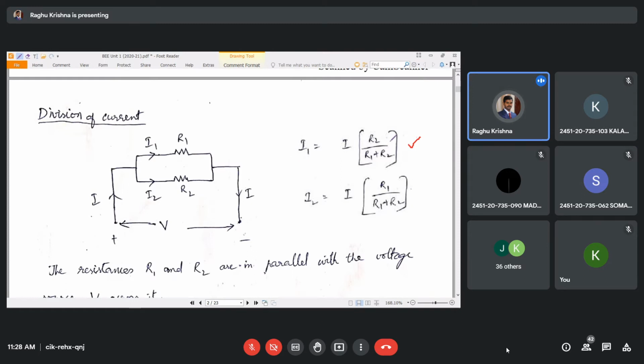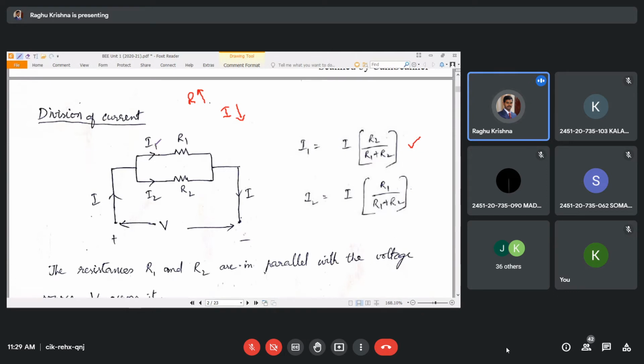See here, what is R2? Here, R2 is the opposite resistance. You know that current and resistance are inversely proportional. If a resistor is high, the current reduces, right? Inversely proportional.